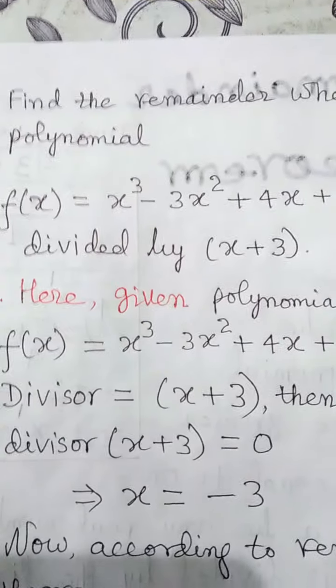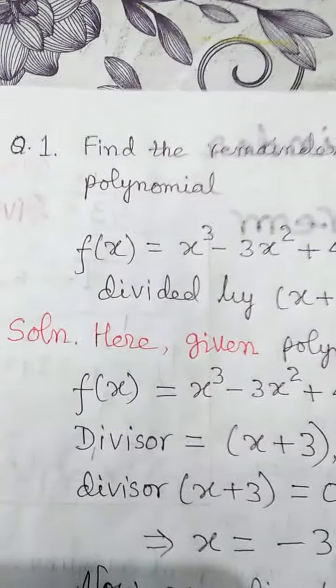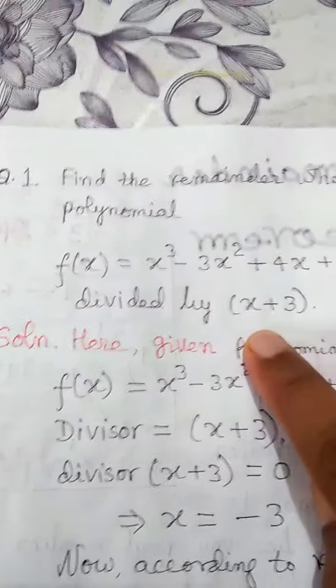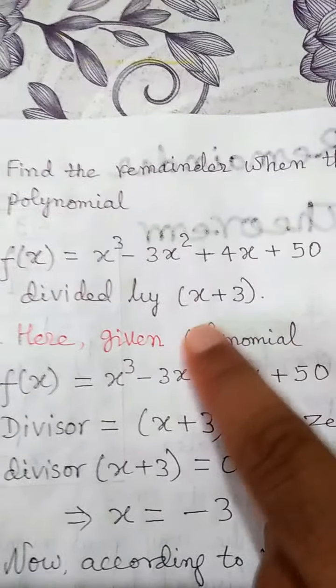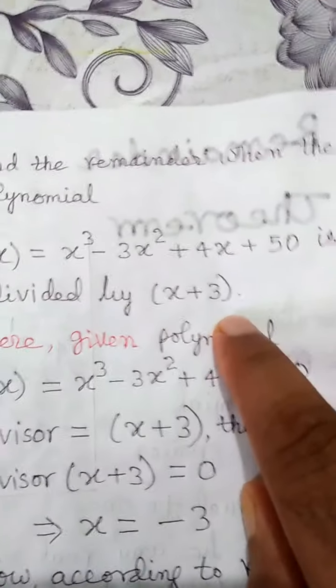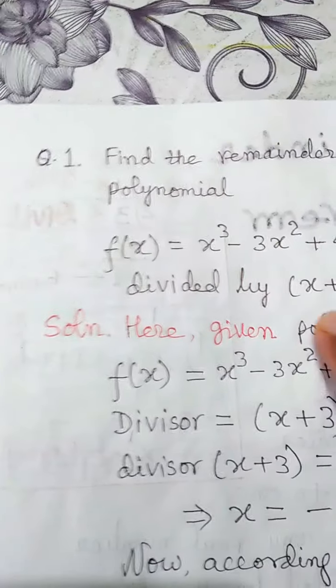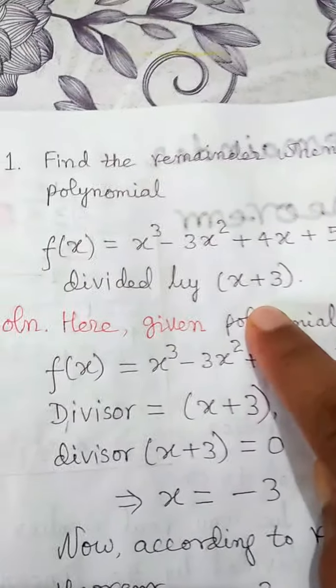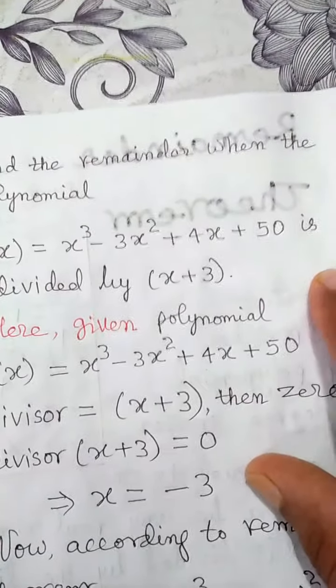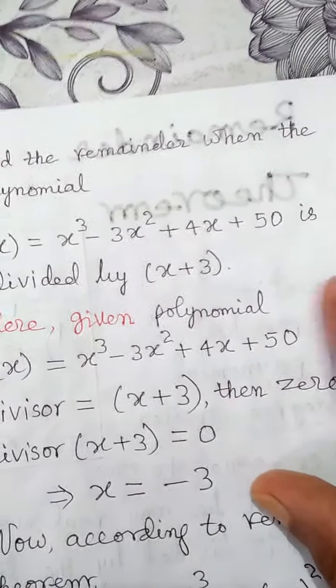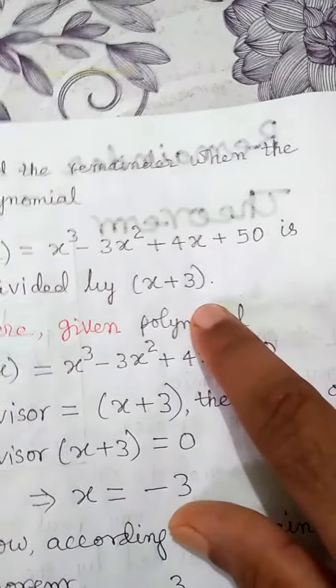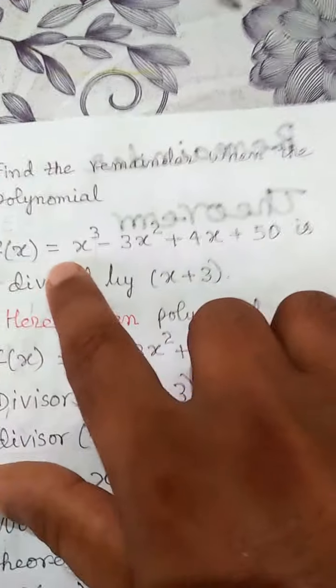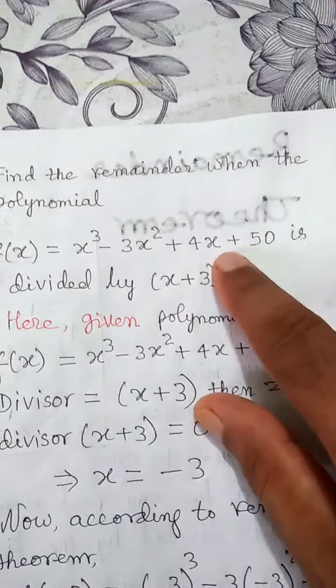According to the remainder theorem, we need to find its zero. The zero of x plus 3 is obtained by equating it to 0. x plus 3 is equal to 0, then x is equal to minus 3. When we put the value of x, that is minus 3, in this f(x), then we get the remainder.